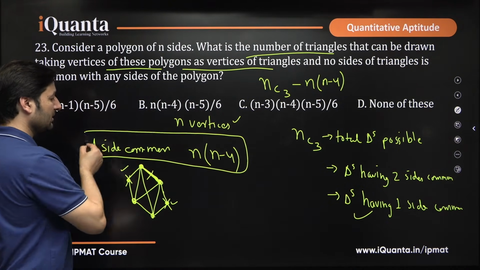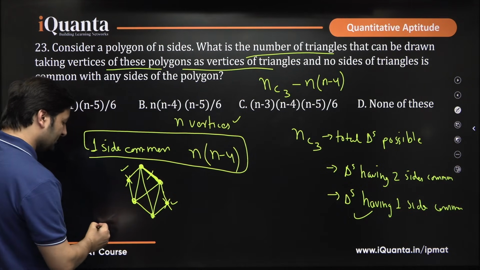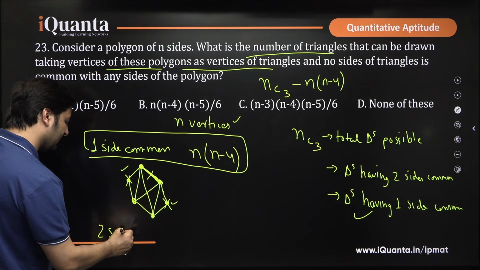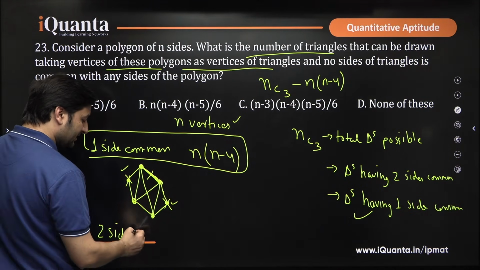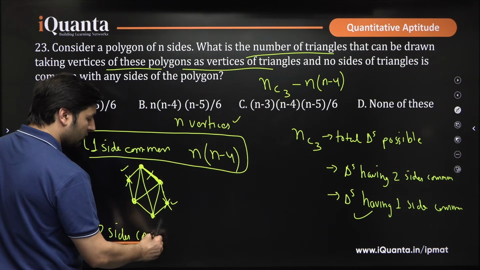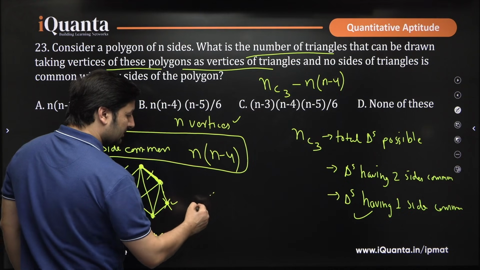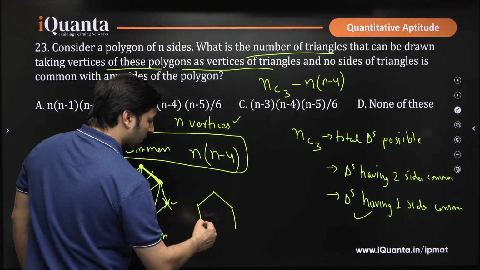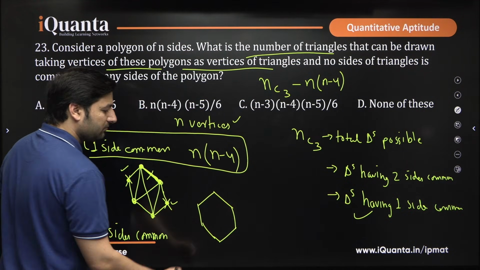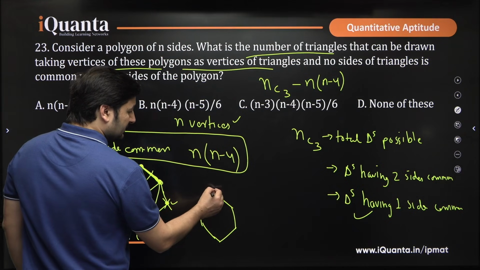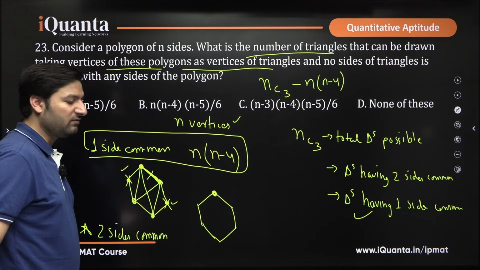Okay. Now let's work upon two sides common. Let's find out how many such triangles are there that have two sides common. Triangles having two sides common. This is my polygon, for example. Say I take this as one vertex, right?